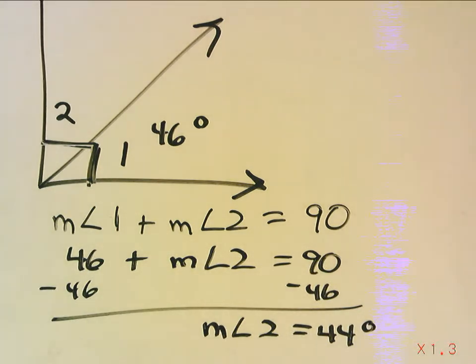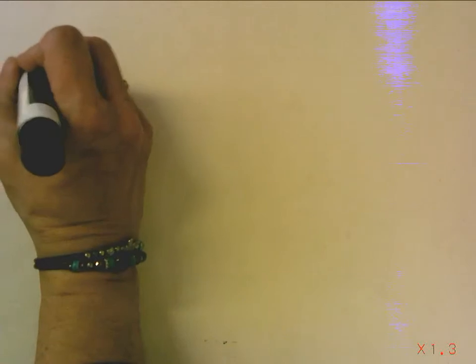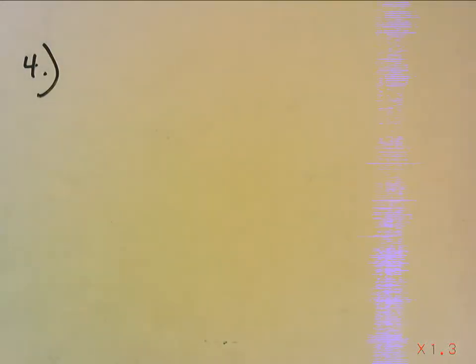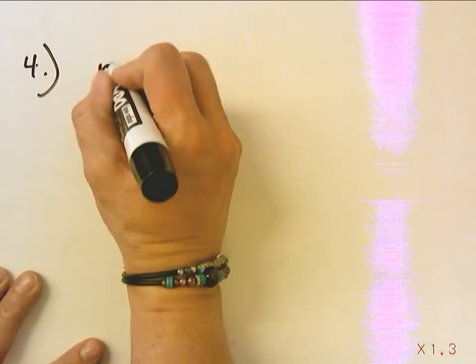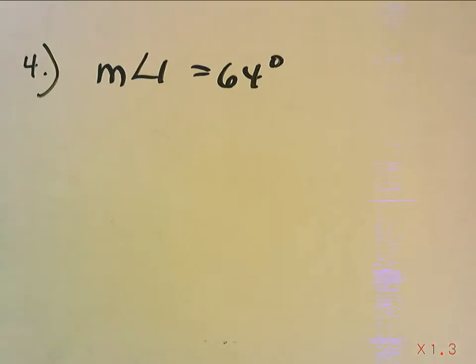Now, let's do one of the checkpoints before I have you do the rest of the checkpoints on your own. Checkpoint number 4. They tell you the measure of angle 1 is 64 degrees, and they want you to find the measure of angle 2. The measure of angle 1 plus the measure of angle 2 equals 90 degrees.